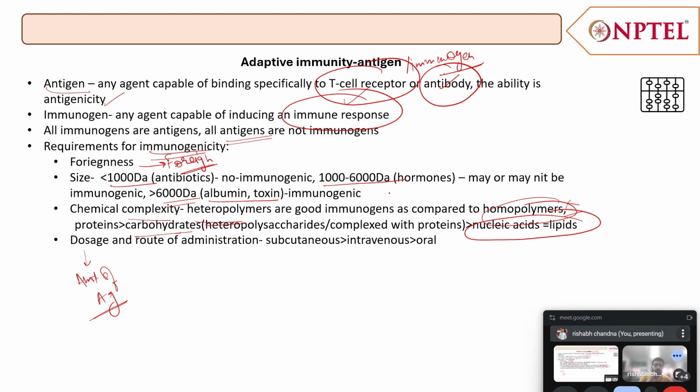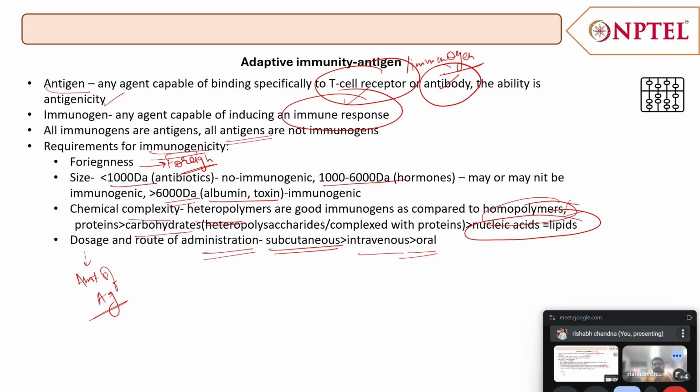Then the route of administration: the subcutaneous route has the highest propensity of inducing an immune response, after that the intravenous, and the last is the oral route. So these are some of the properties of a good immunogen that can initiate a good immune response.